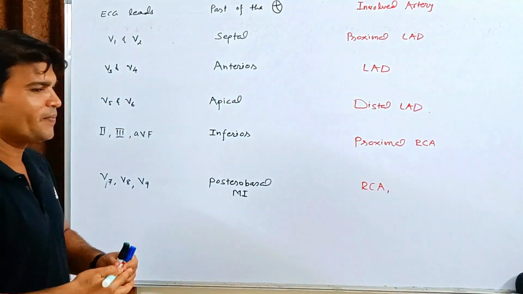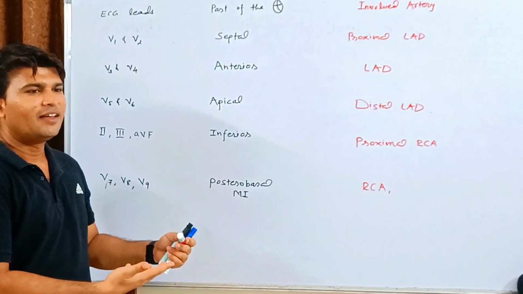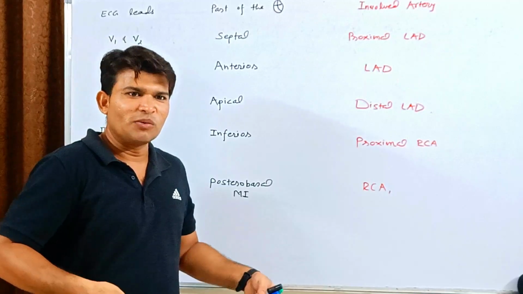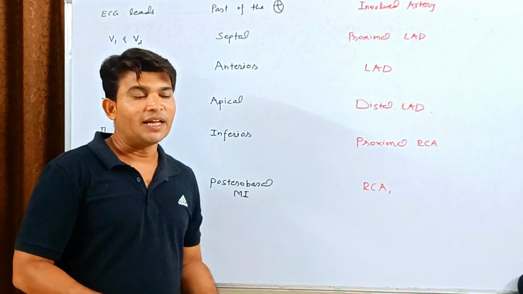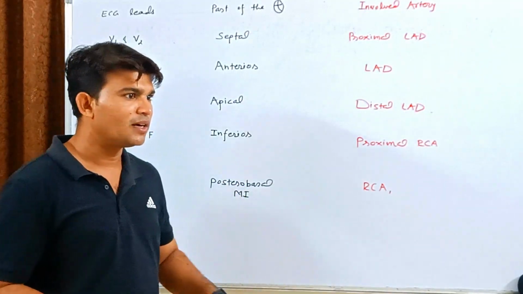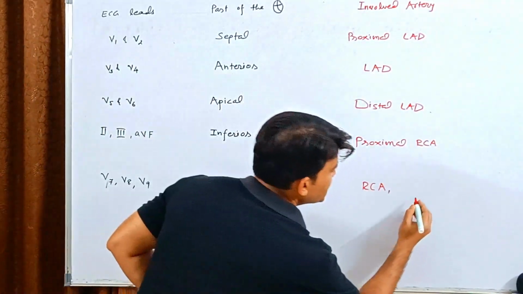And what else? See, in anastomosis, the PDA meets the branches of the left anterior descending artery. So there is a high chance that the diagonal or distal LAD is involved. So can you say distal LAD?